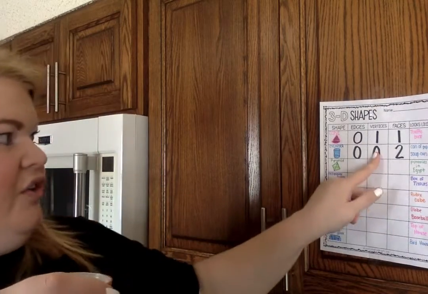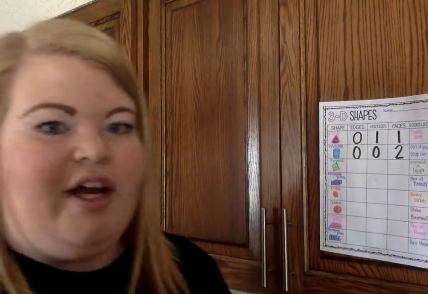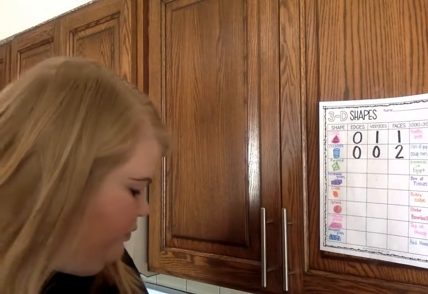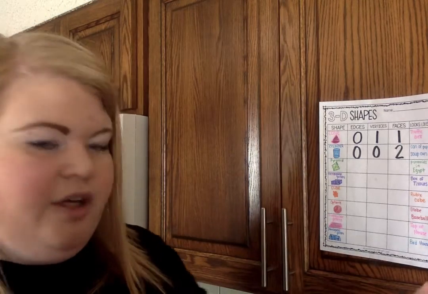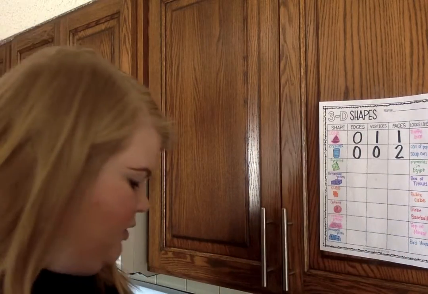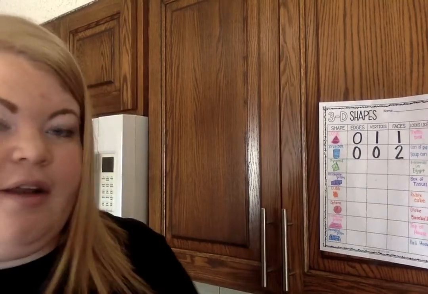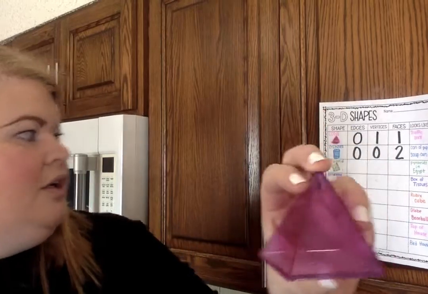So 0 vertices, and then 0 edges because there's no 2 faces close to each other. So the cone and the sphere are kind of the tricky ones when it comes to 3D shapes.